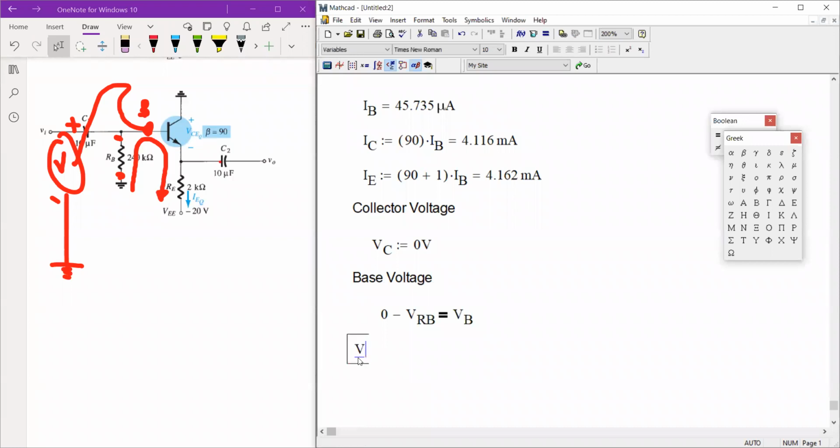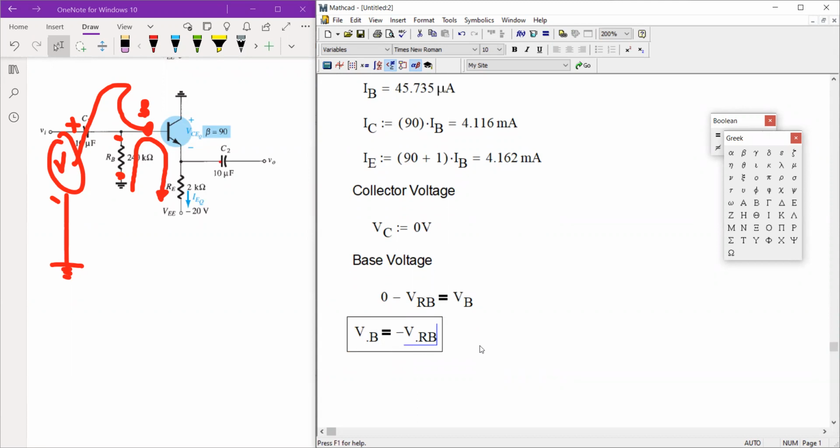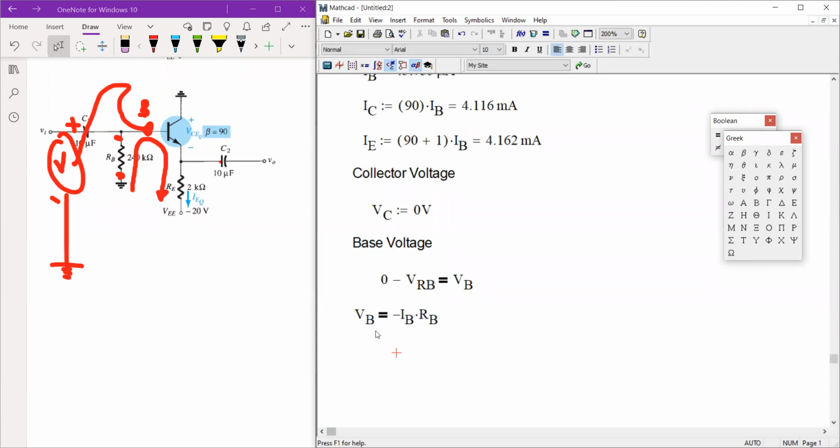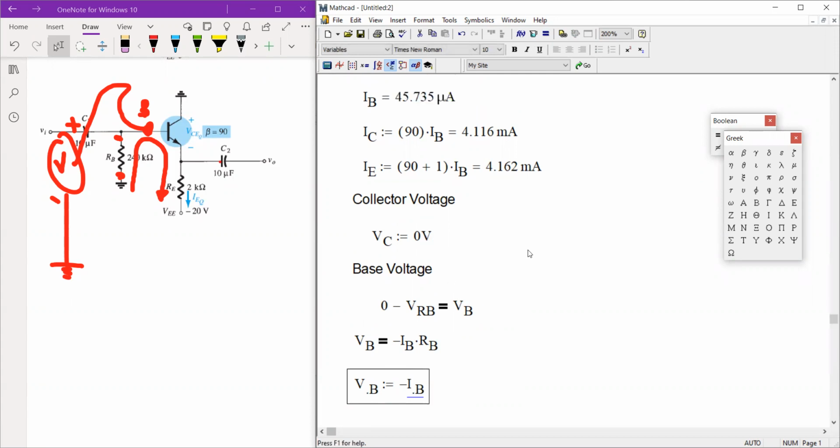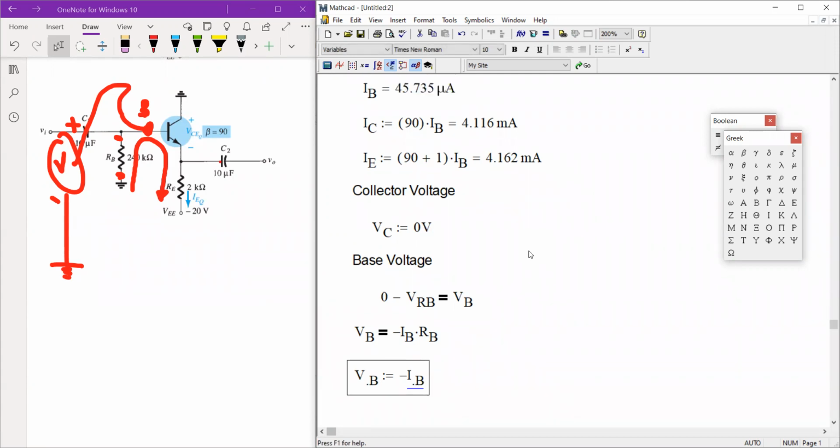So V sub B, or base voltage, is equal to negative of the voltage across R sub B, which happens to be I sub B times the resistance R sub B. Our V sub B, therefore, is equal to negative I sub B, which in our case is 45.735 microamperes, times R sub B, which is 240,000 ohm, and this will give us negative 10.976 volts.